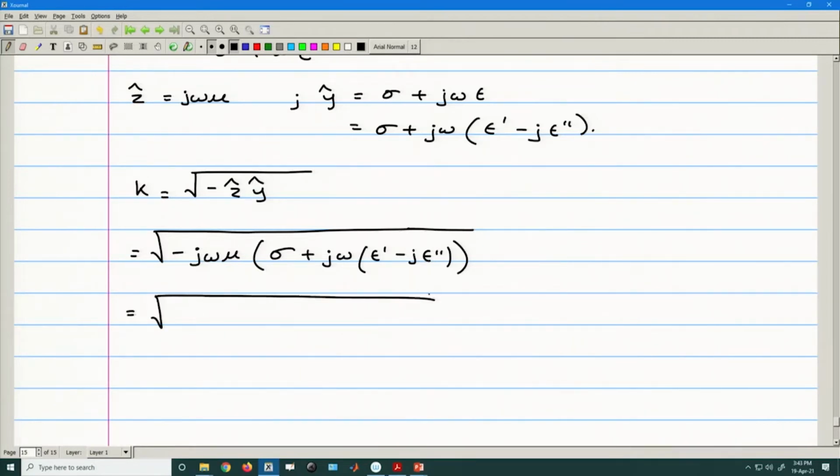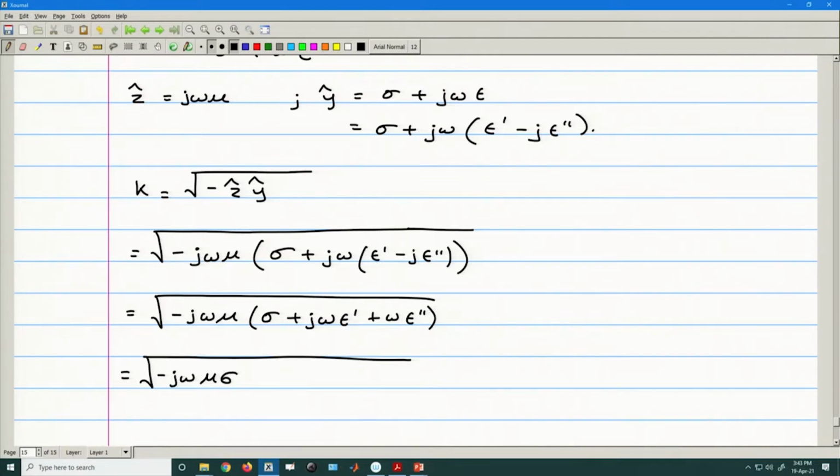We will get minus of j omega mu times sigma plus j omega epsilon prime plus omega epsilon double prime. Further simplification, opening up the braces, gives minus j omega mu sigma plus omega square mu epsilon prime minus j omega square mu epsilon double prime.